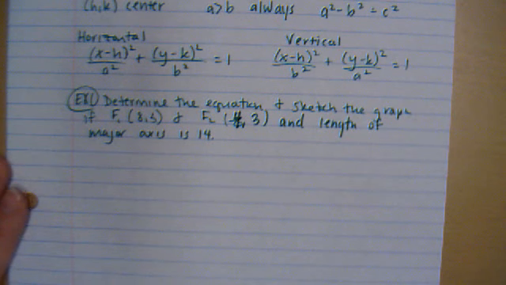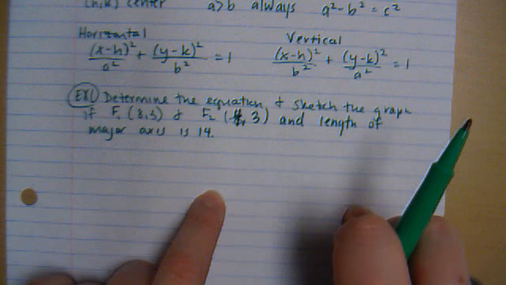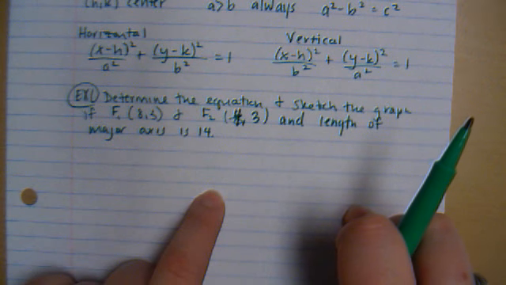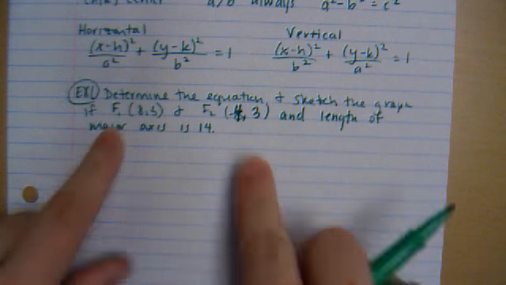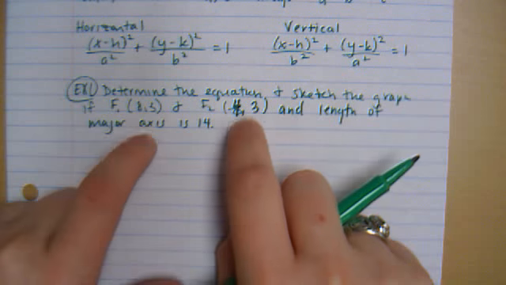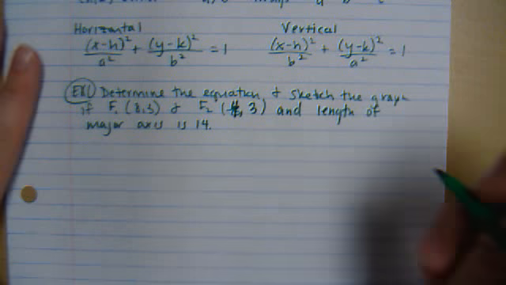Now I know the distance from the center to one of the foci is my c value. To figure out what the center is, because halfway in between these is going to be the center of the ellipse, I'm going to do the midpoint formula.